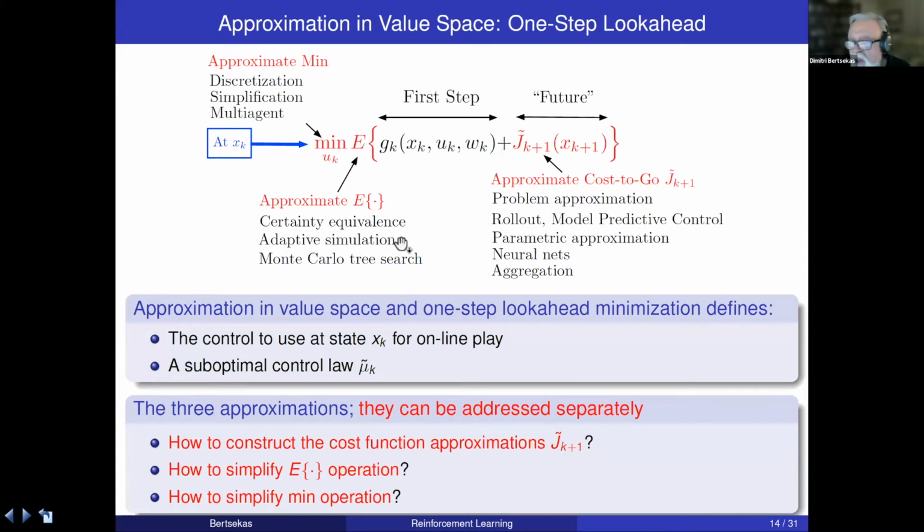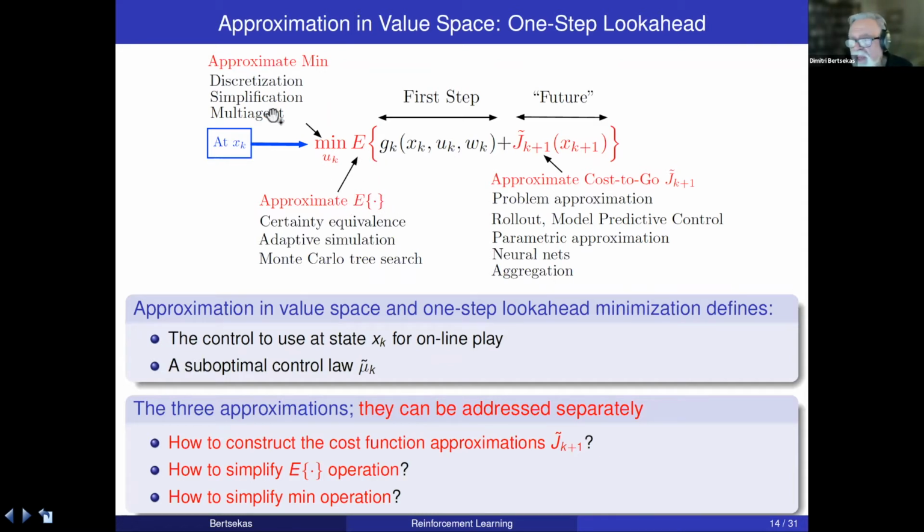And there's a concept called adaptive simulation, whereby you simulate this expected value for various values of control, and you figure out, based on the preliminary results of the simulation, which controls are promising and which are not. And you throw away some of these controls that do not look promising and do not simulate them anymore. And that's the idea underlying this Monte Carlo tree search that we are going to discuss a little later. Monte Carlo tree search is a particular type of adaptive simulation method that has as objective to minimize this expected value.